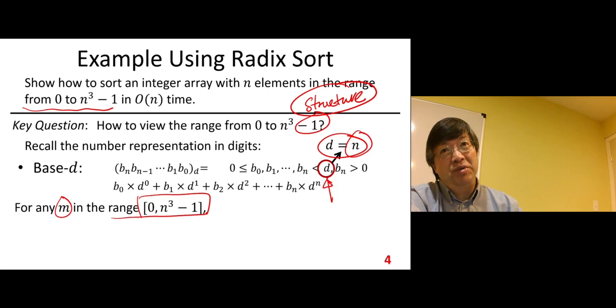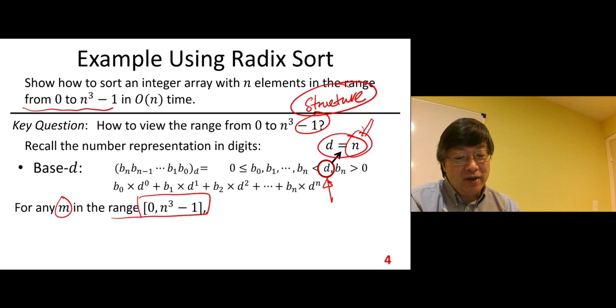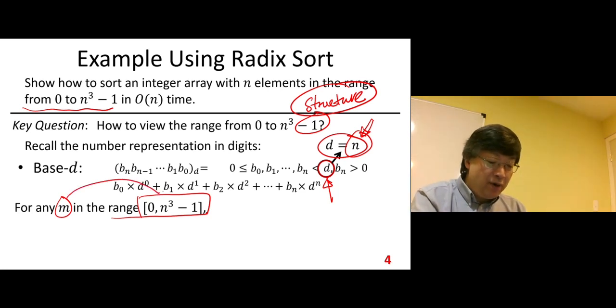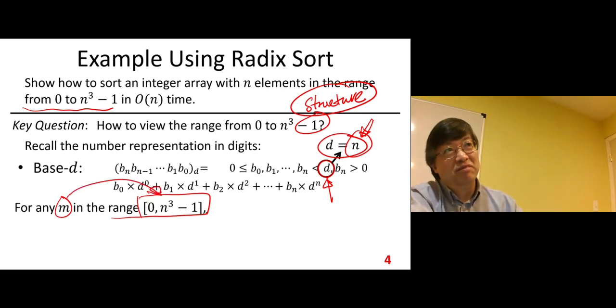Here we do abstraction: the base is n. How many digits do we need to represent a number in this range? That's the key step.